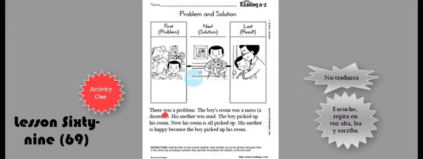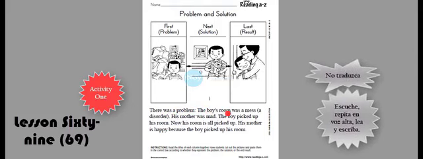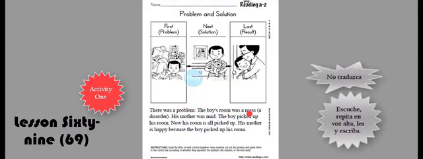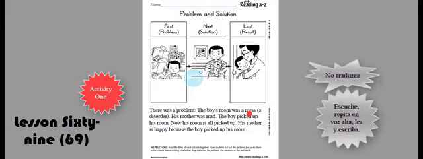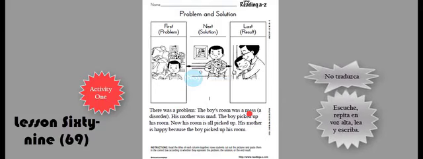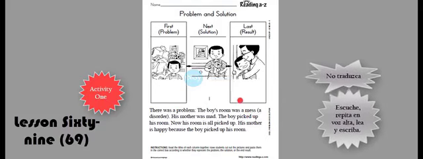Here is the writing. There was a problem. The boys' room was a mess. Eso pudo haberse dicho, the boys' room was a disorder. O también, the boys' room was untidy.